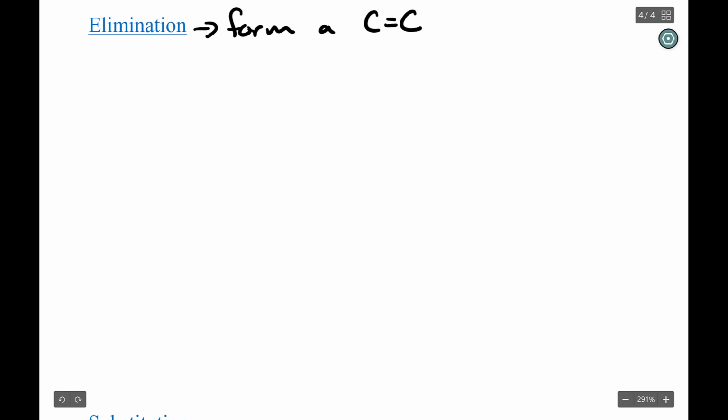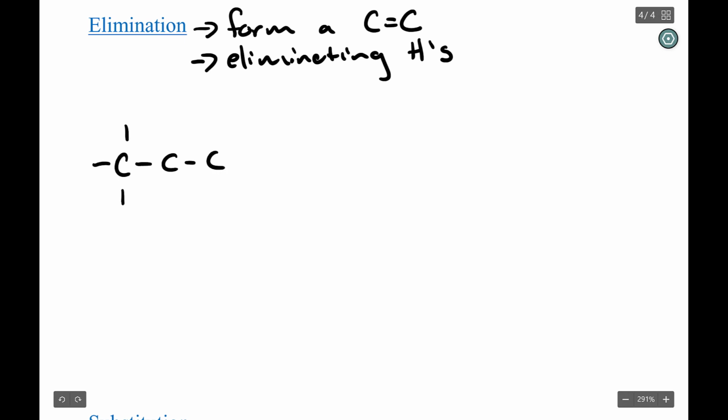The second type of reaction that alkanes can participate in is called elimination. In an elimination, you form a carbon-carbon double bond by eliminating hydrogens. For instance, if I had something like propane, and I'm going to draw the hydrogens in on here so you can see.